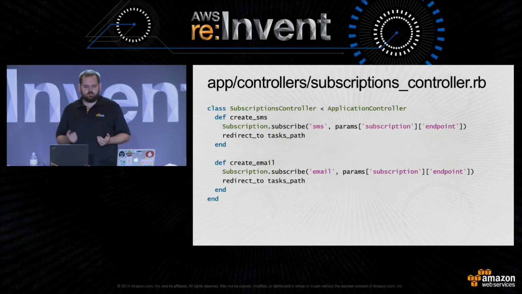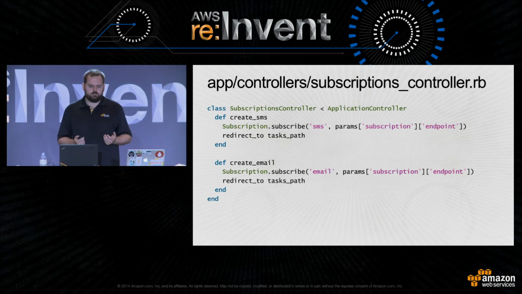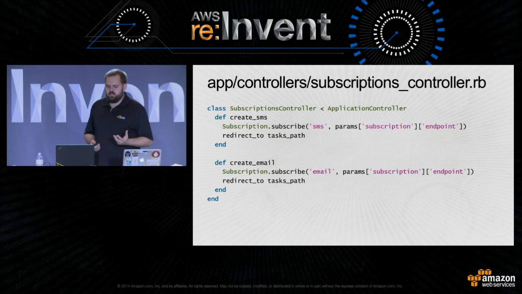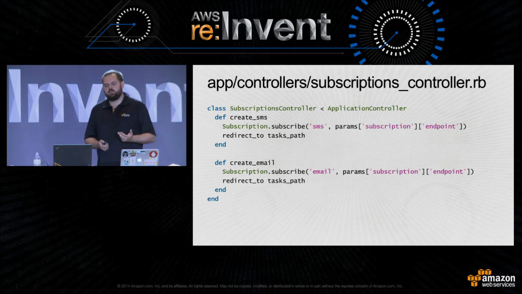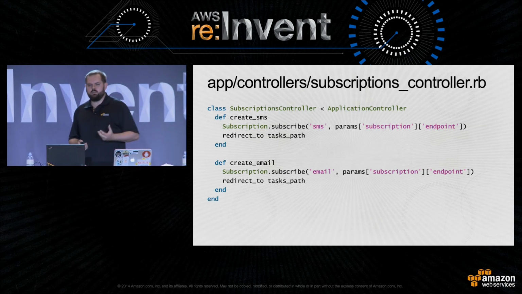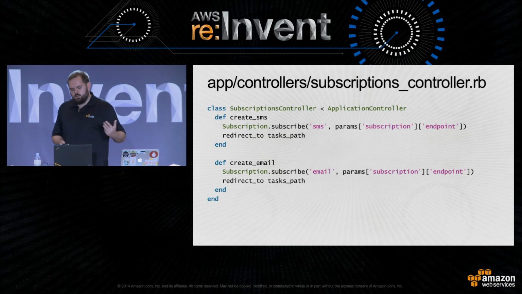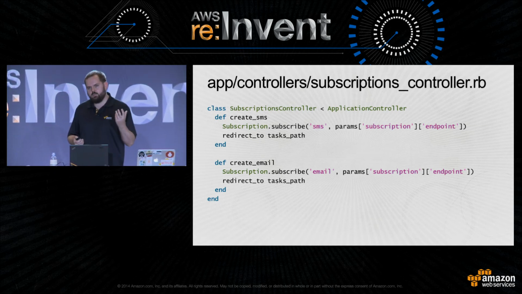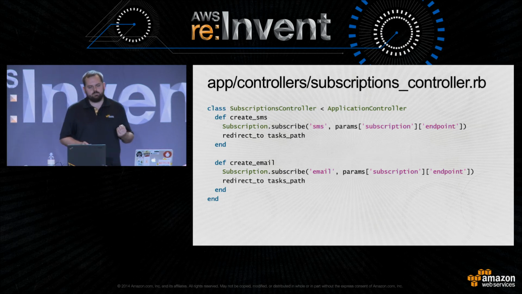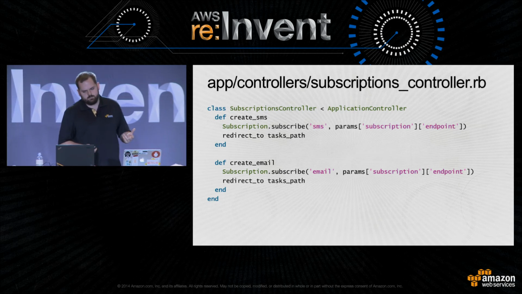We create a controller for our subscriptions. So if we need to create an SMS subscription, we plumb that through to our subscription pseudo class. If we need to create an email subscription, we plumb that through to our email pseudo class, and we just specify what endpoint SNS is going to need and redirect back to our page.